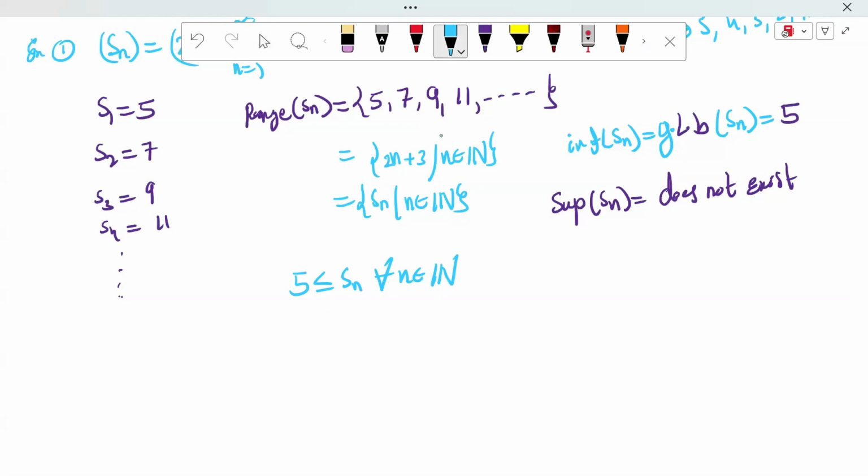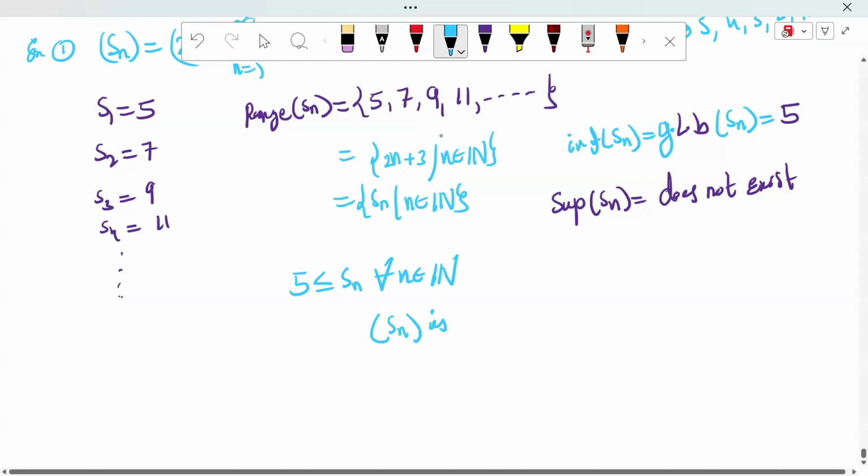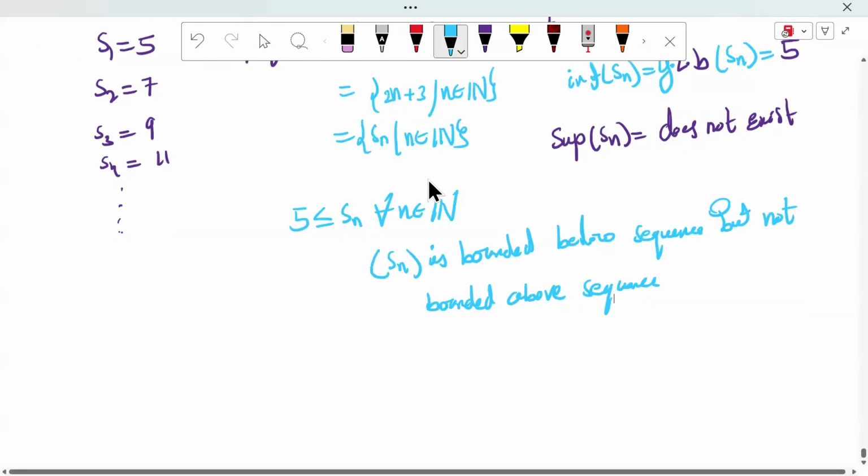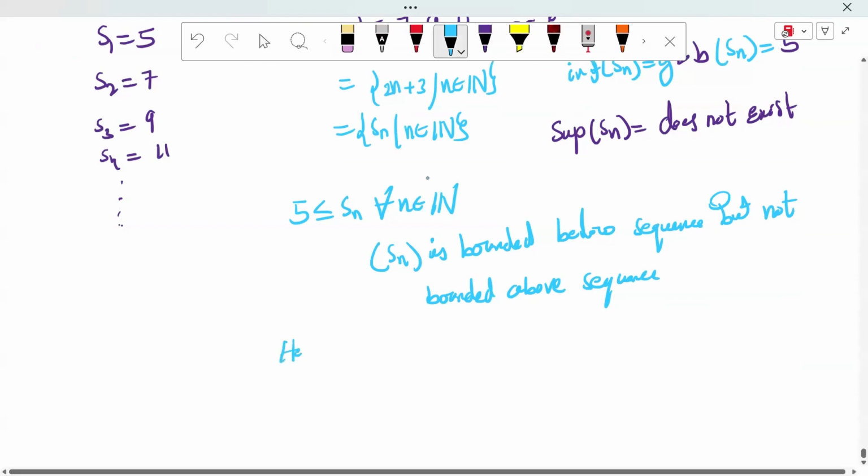So we say the sequence Sn is a bounded below sequence, but not a bounded above sequence. Therefore, Sn is unbounded. Hence the sequence Sn is unbounded.